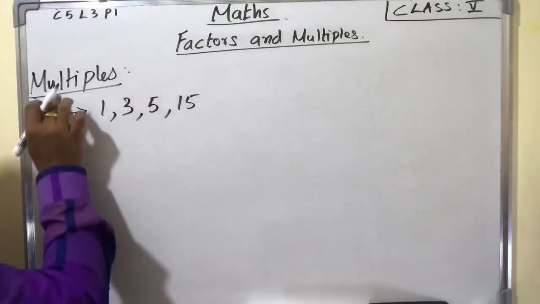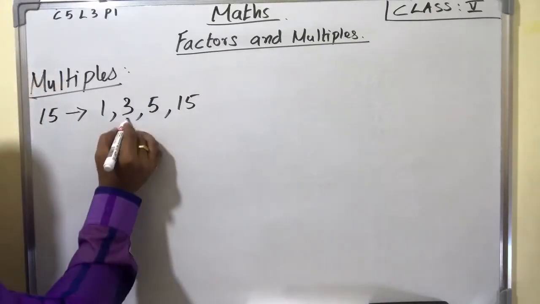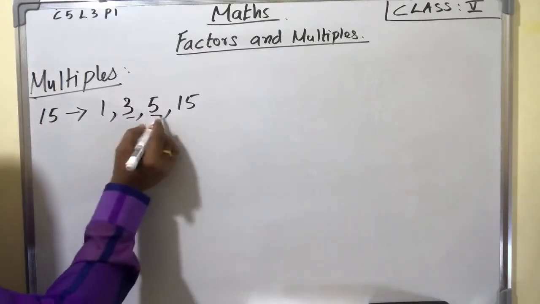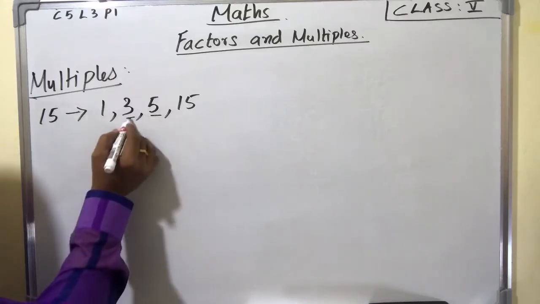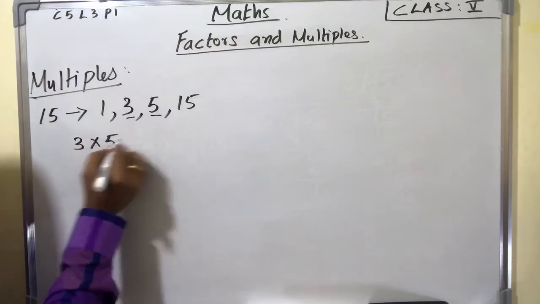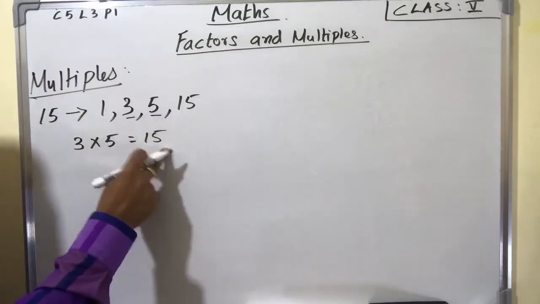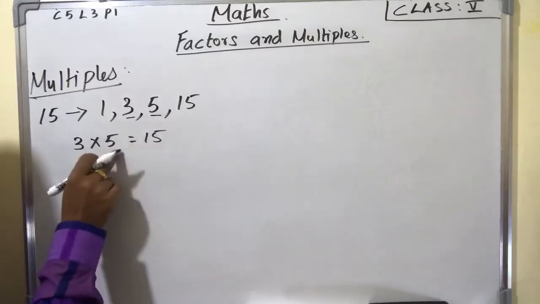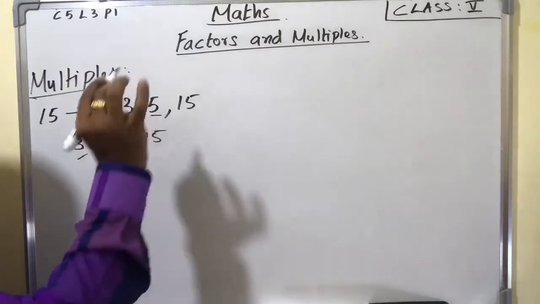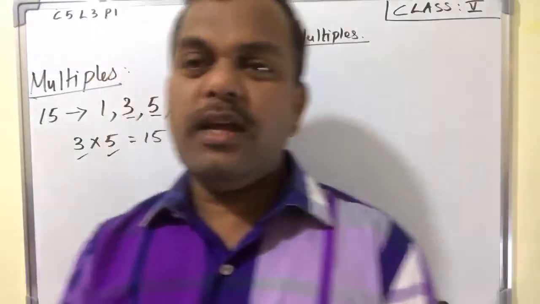Now I am going to explain what a multiple is. Look here, 3 and 5. Now I am going to take two numbers, two factors, 3 and 5. 3 fives are 15. So 15 is a multiple of 3 and 5.